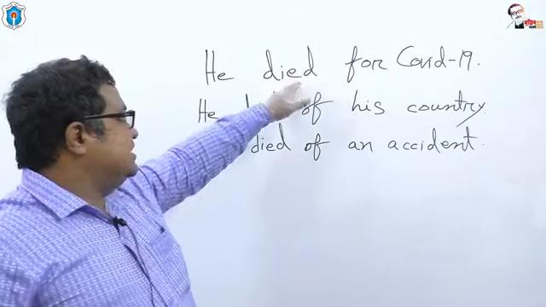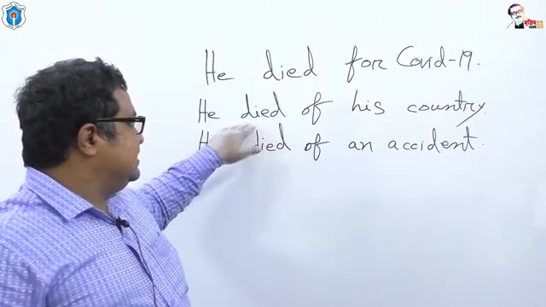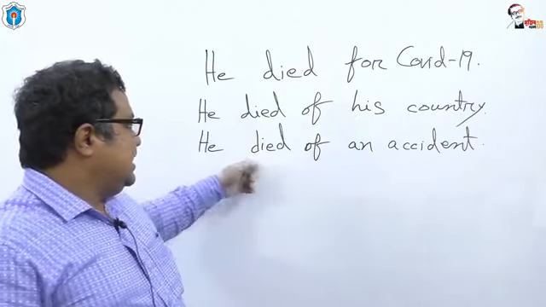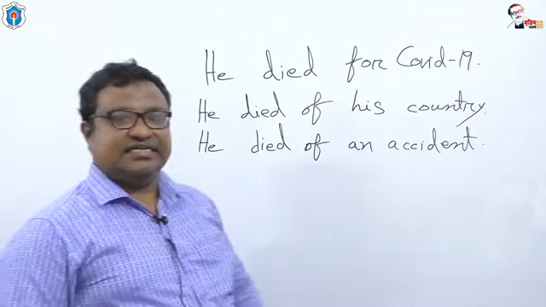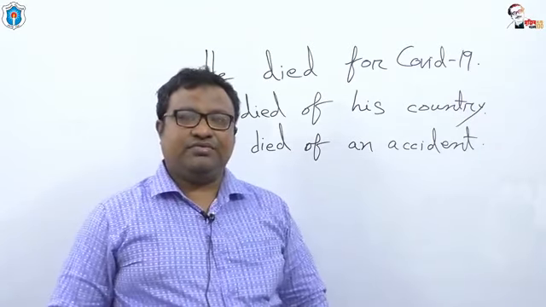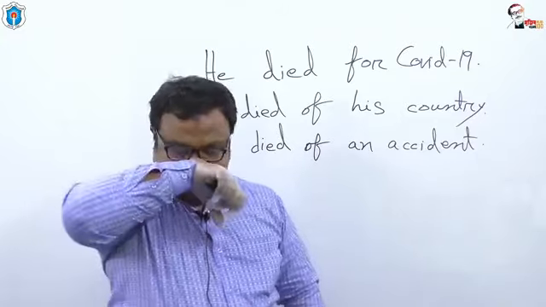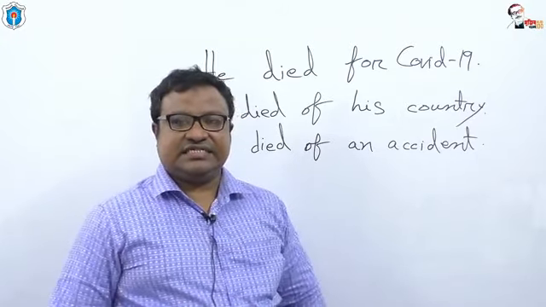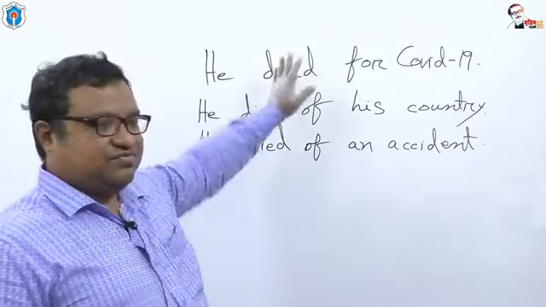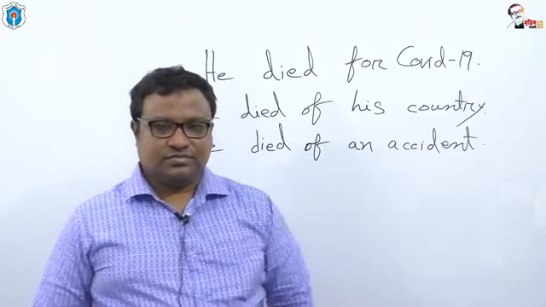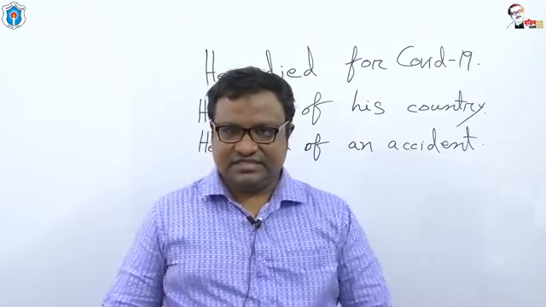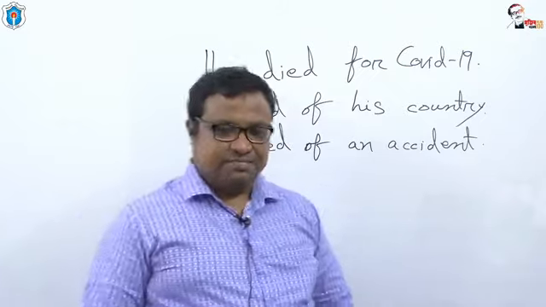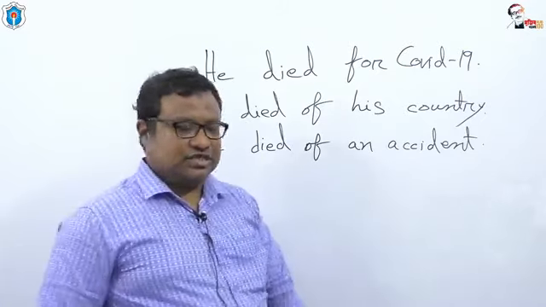Three sentences: he died for COVID-19, he died of his country, he died of an accident. What's the problem with these sentences? The problem with these sentences is all of them are wrong. What's wrong with them? Let's focus on them.